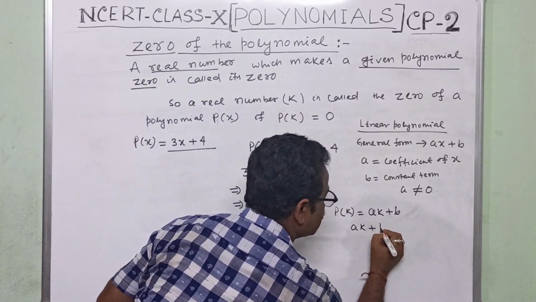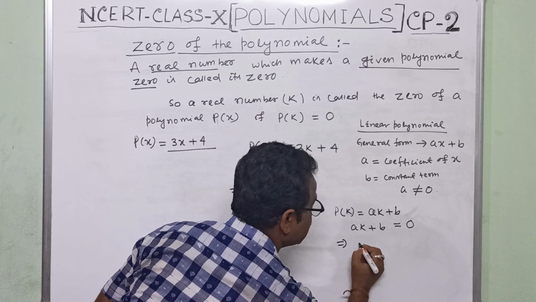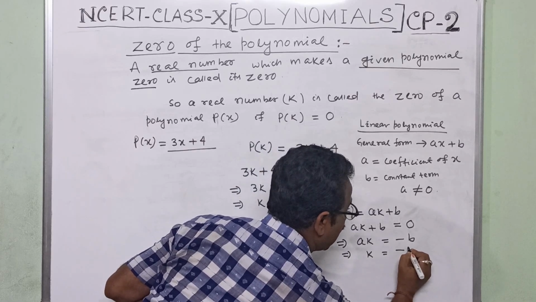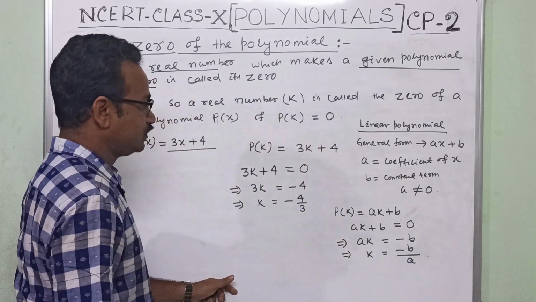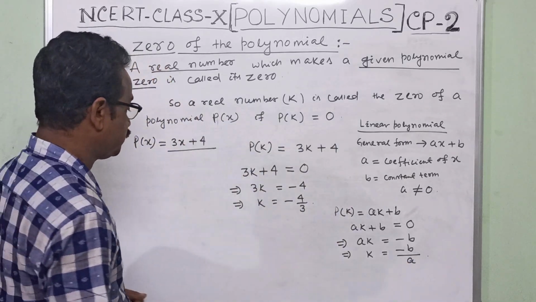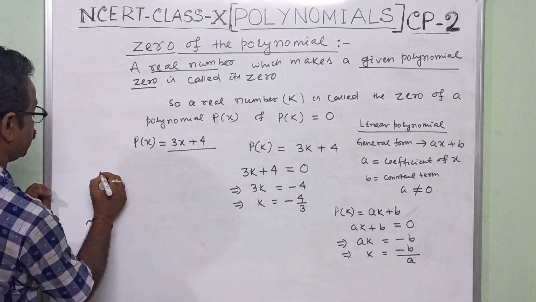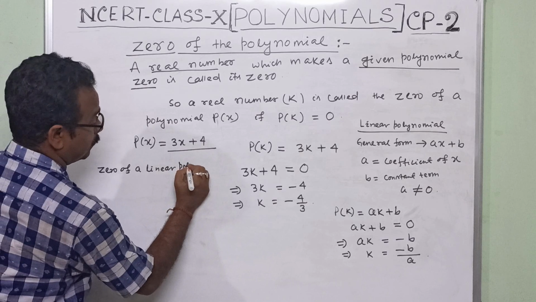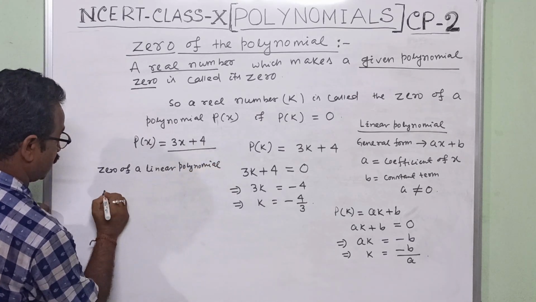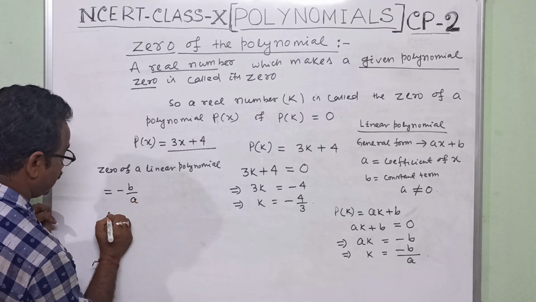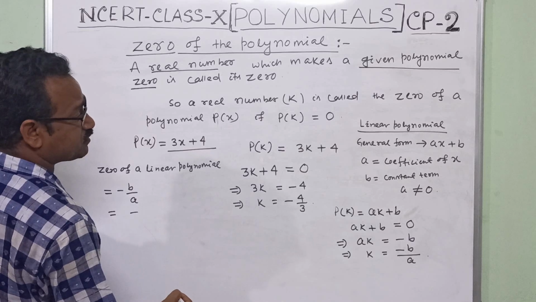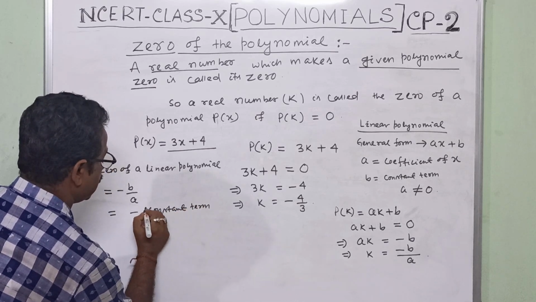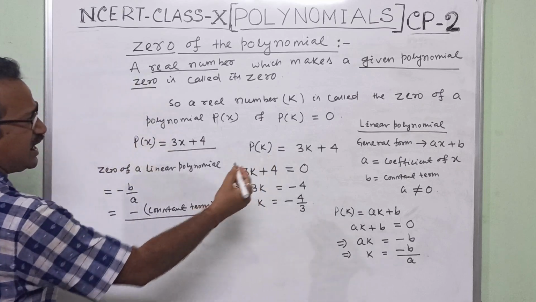So ak + b = 0, that implies ak = -b, that implies k = -b/a. So the zero of a linear polynomial is equal to minus the constant term by the coefficient of x.